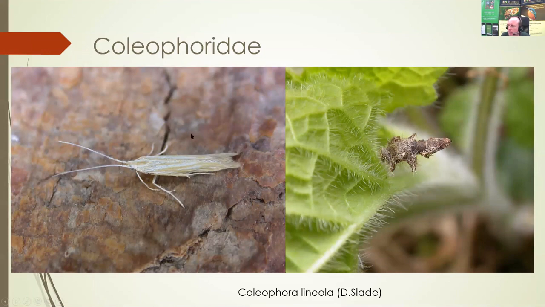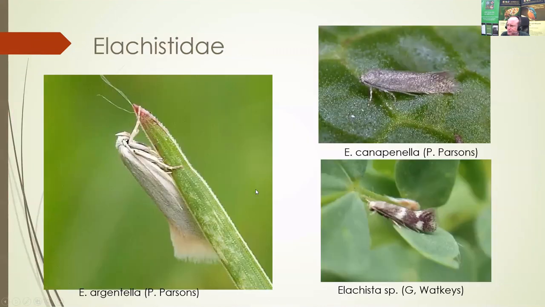Fabulous group, and again, the majority of Coleophoridae will require dissection, so if you're just starting out, you're probably better off forgetting that you saw them, or go and find the larvae, because the larvae are really funky, and I can't recommend that highly enough.